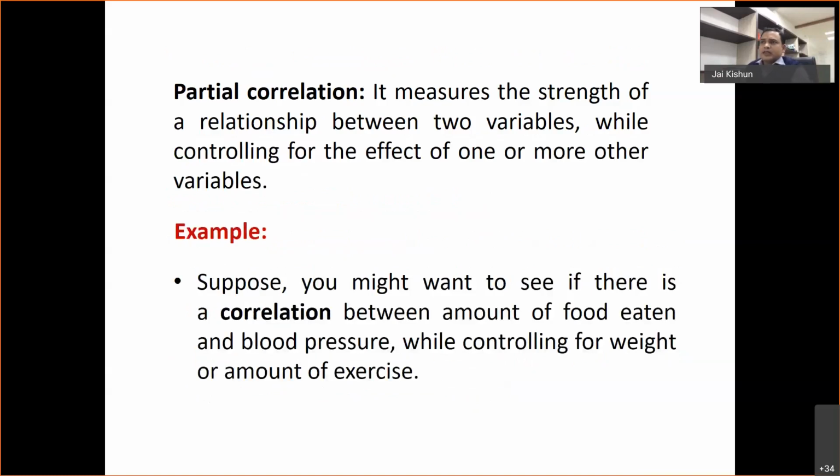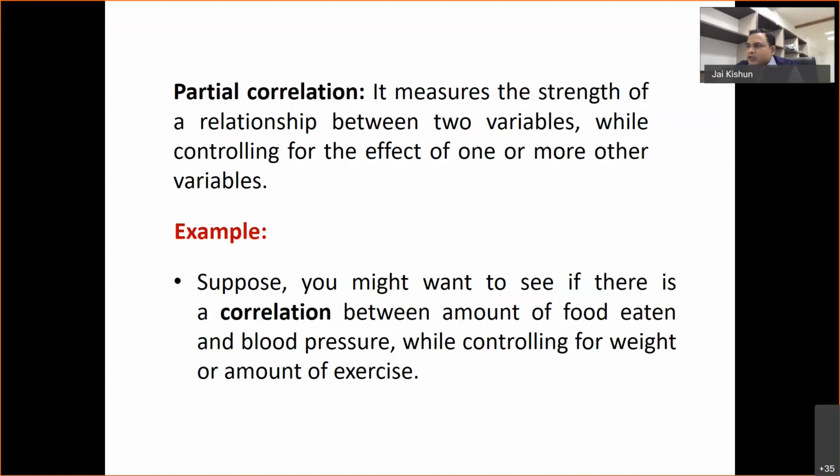Now in partial correlation, we are measuring the relationship between two variables, and the other variables we are treating as controlling for the effect of one or more other variables. Like in the previous example, here we have also written an example.